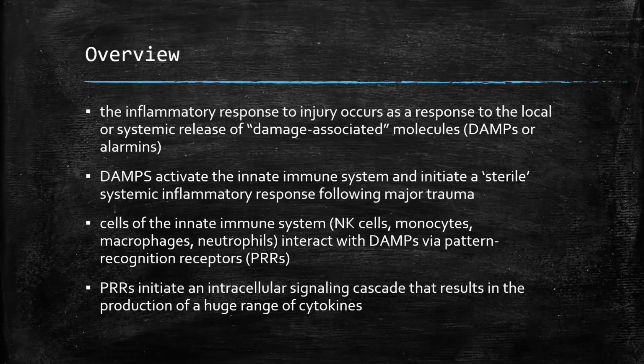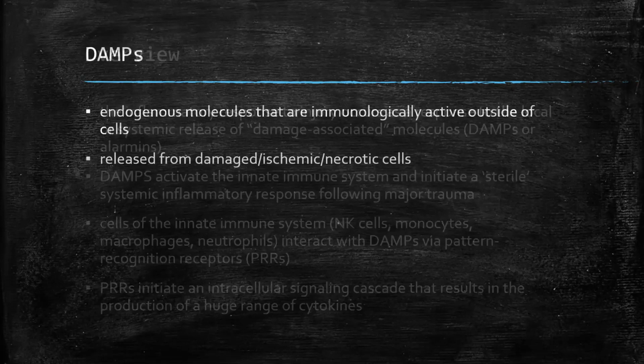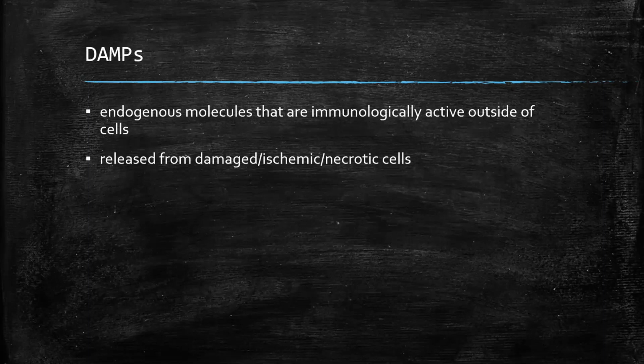And these damage-related molecules react with the immune system through a variety of receptors called pattern recognition receptors. It's binding to these receptors that causes the cytokine cascade that we also see when we're dealing with an infectious type of problem. So what are these damage-associated molecules?